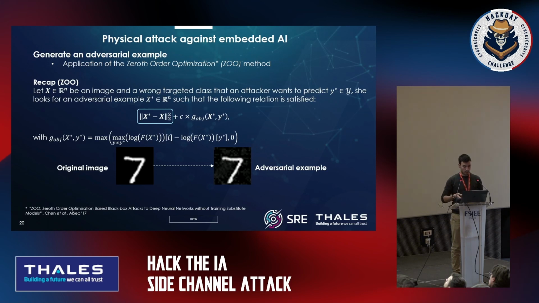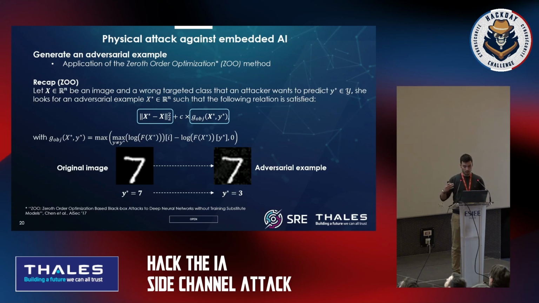So during the optimization process, what we want is to construct an image that is as similar as possible to the original one. And then this term is beneficial to force the neural network to predict a given class.